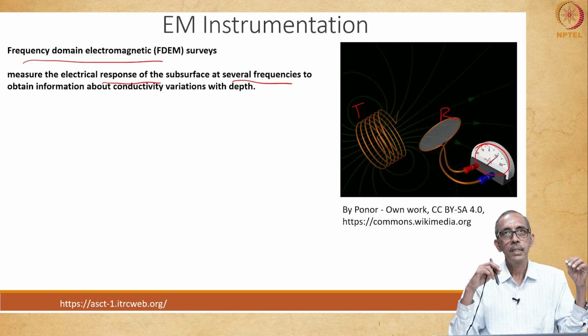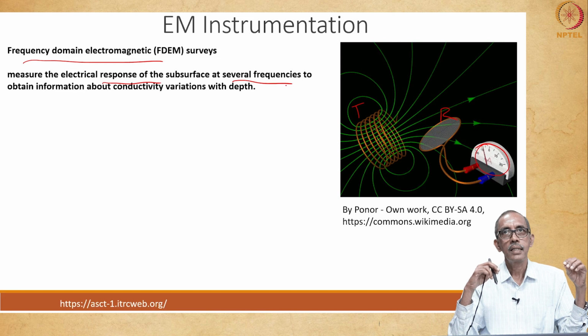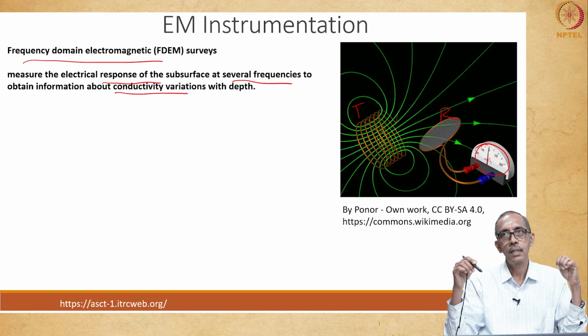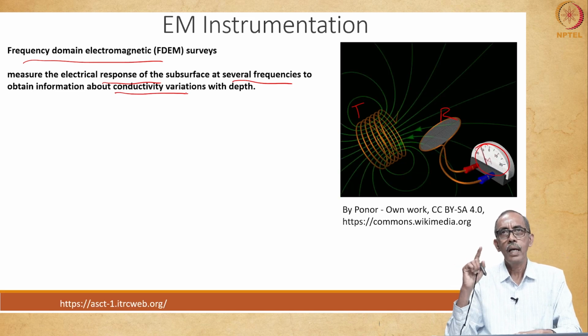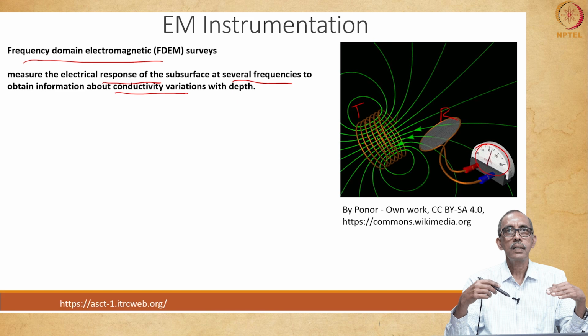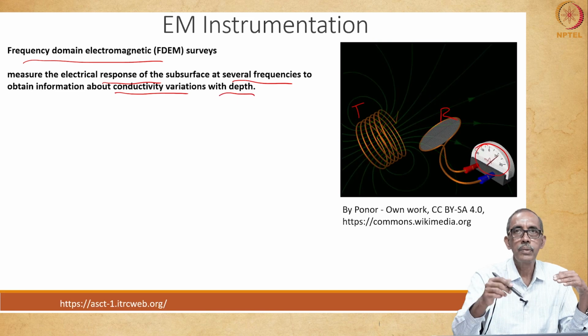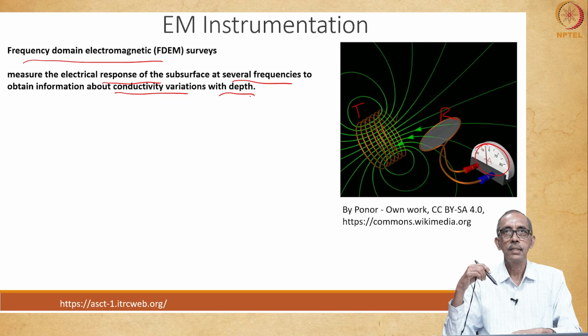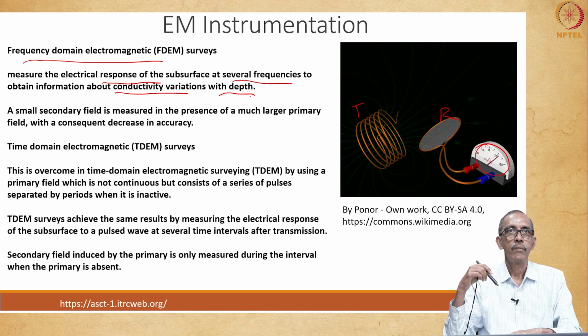That means we measure the response at several frequencies to obtain information about the conductivity of the subsurface, right. Or we may get the information only at one frequency, but usually in order to obtain differences in the conductivity with respect to depth, we apply current in different frequencies in the transmitter coil, right.